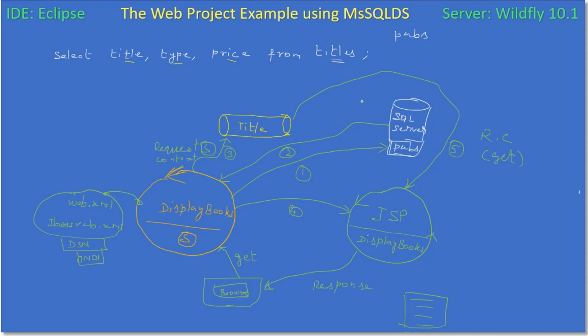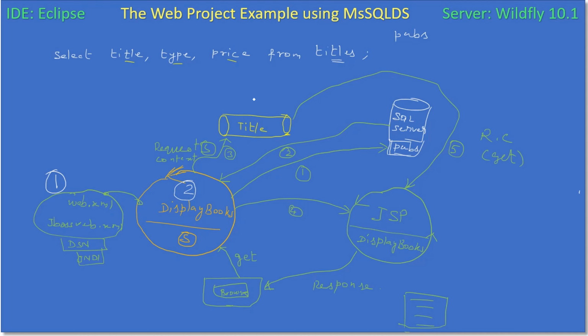Ultimately we will end up creating these XML files, web.xml and jboss-web.xml, with the DSN which we created in part 3 of this subseries. Then we will create this servlet file, and start implementing the code to read the content and set everything in the title.